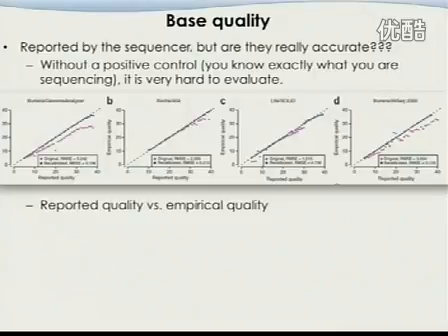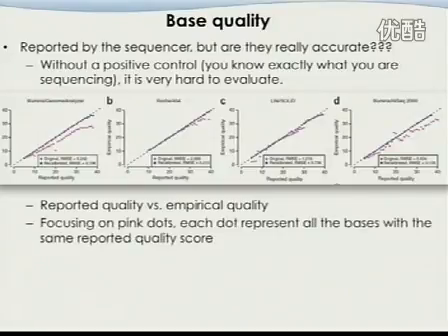X here is the reported quality. If it is 0, that means it's really bad, and 40 means the quality for that read is really, really good. And the Y here is the so-called empirical quality, meaning it's the quality estimated based on the real data, not based on their reported data.